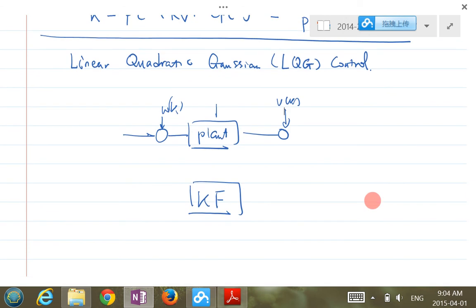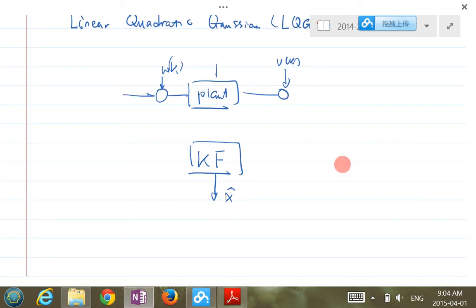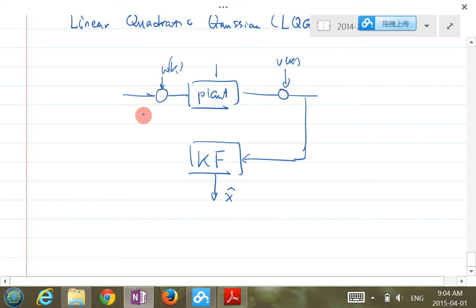The Kalman filter will give out X hat. Based on what? Based on your system output and the input.